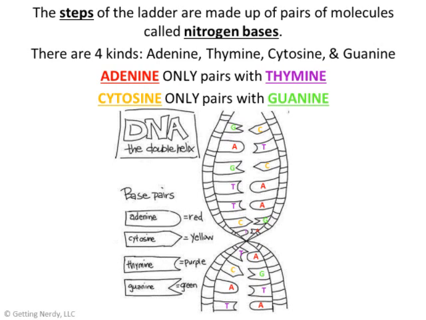pairs with G, was in 1950, Erwin Chargaff analyzed the base pair composition of DNA, and he found out that the percentage of adenine matched up with the percentage of thymine. The percentage of cytosine matched up with the percentage of guanine. And this told him that what you have of adenine, you have to have of thymine.